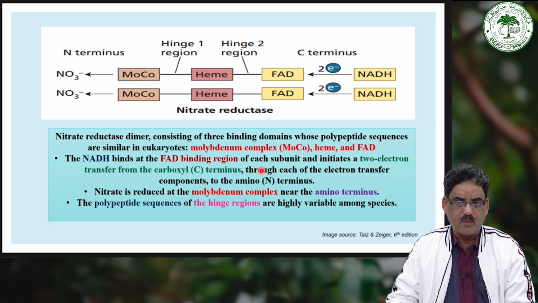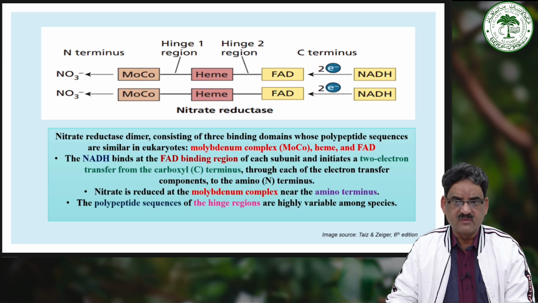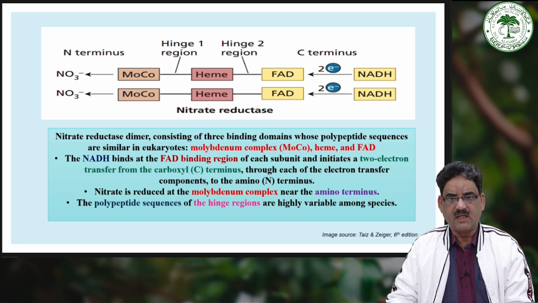The heme component includes cytochrome b5. The FAD binding domain comprises approximately 260 to 265 amino acids. The central heme domain consists of 75 to 80 residues, and the molybdenum cofactor binding domain of the enzyme protein is relatively large, consisting of 360 to 370 amino acids.